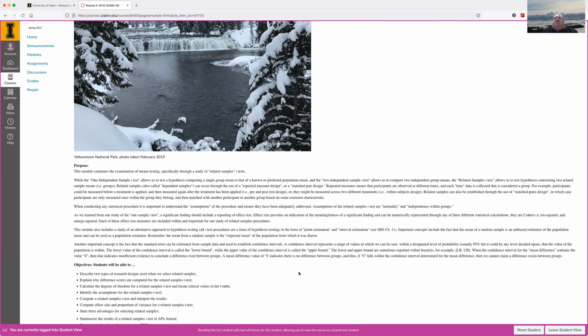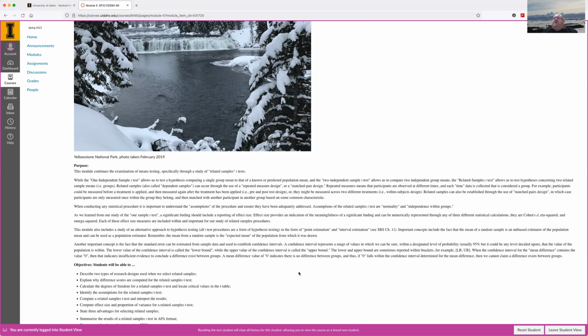Related samples, also called dependent samples, can occur through the use of a repeated measures design or a matched pair design. Repeated measures means that participants are observed at different times, and each time data is collected that is considered a group. For example, participants could be measured before a treatment is applied and then measured again after the treatment has been applied, such as pre and post-test design.